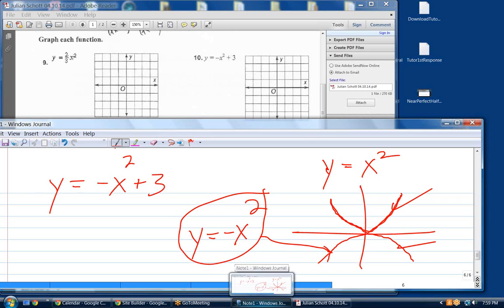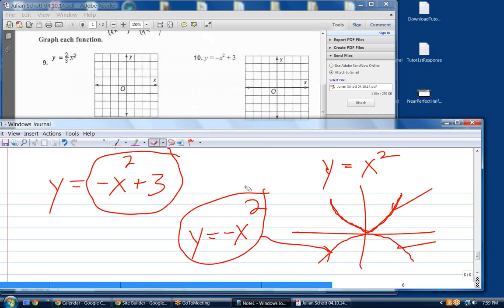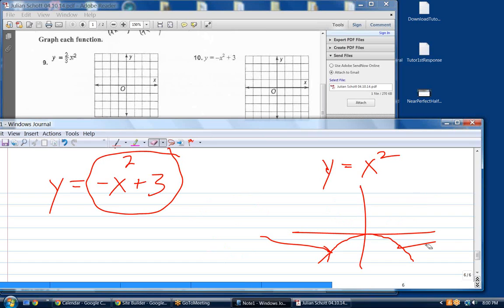Now, there's one more thing that's being done to this function. What does that +3 do to it? It's a vertical what?